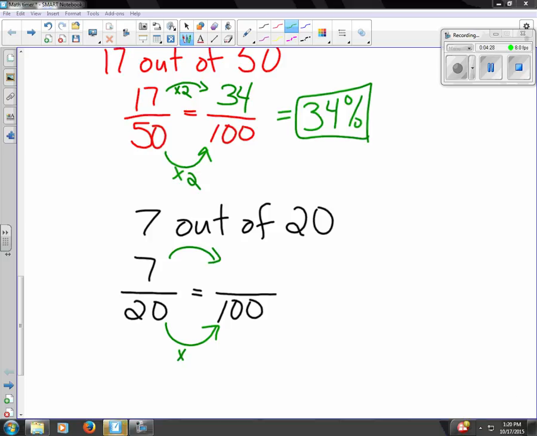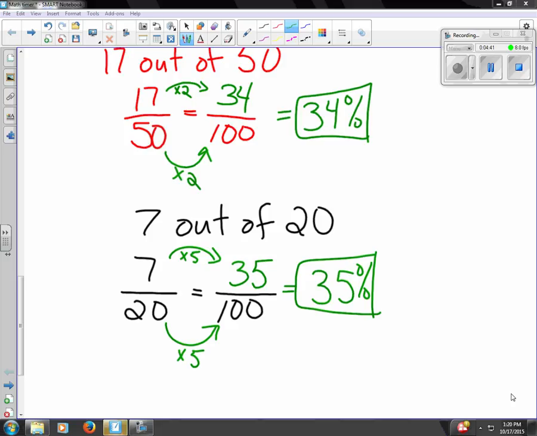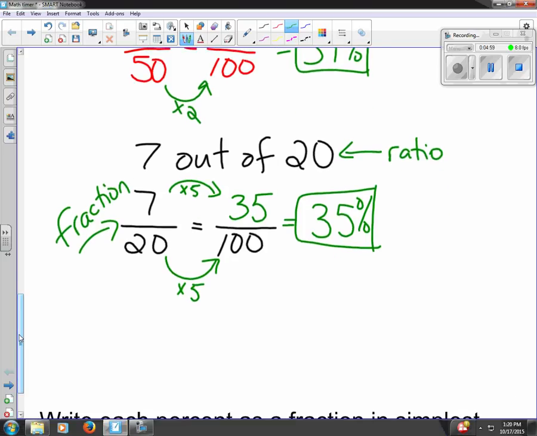I multiplied by 5. So I do 7 times 5, which is 35. So 7 out of 20 is 35%. That's how you find the ratio or fraction as a percent. This was your ratio, I set it up as a fraction, I made sure the denominator was 100, and there's my percent.